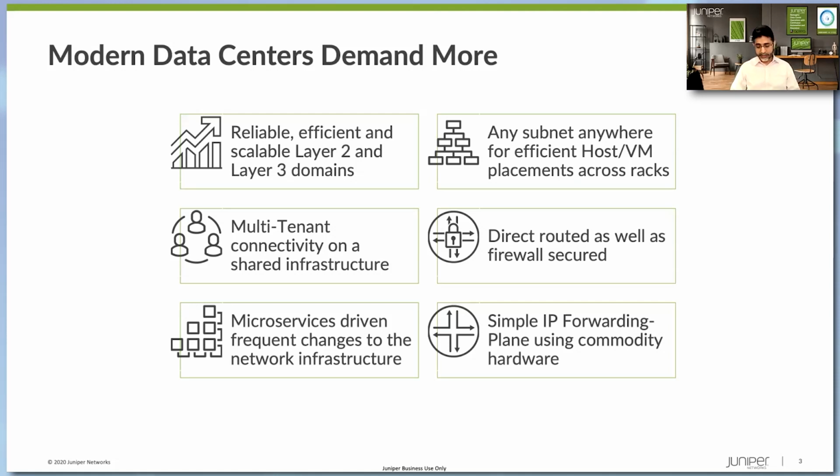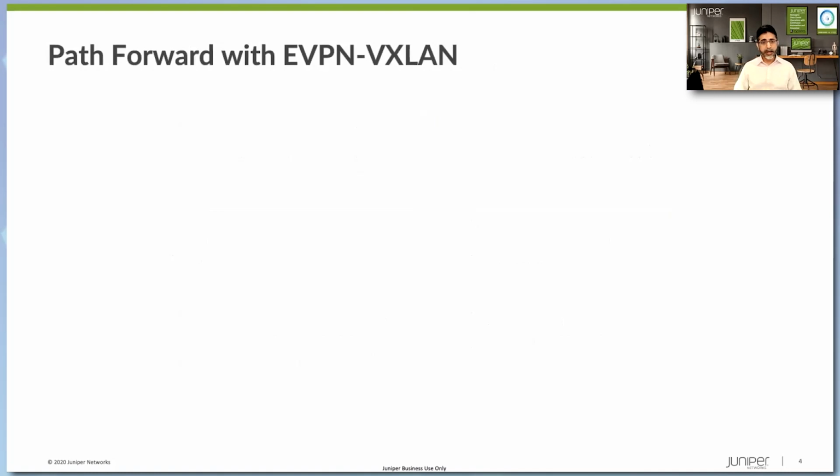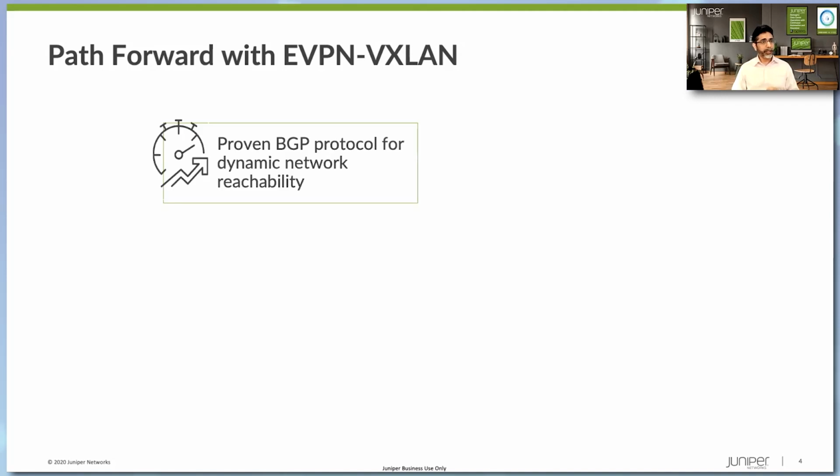So while we looked at the challenges, I think we are in luck because EVPN offers a standard-based and interoperable solution for some of the challenges that I highlighted. We can just talk along about EVPN, but let's quickly see how it solves the problems we discussed earlier. So first, it uses the BGP protocol for signaling. BGP, as we all know, has proven over time.